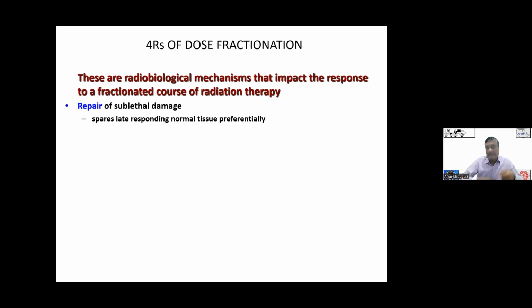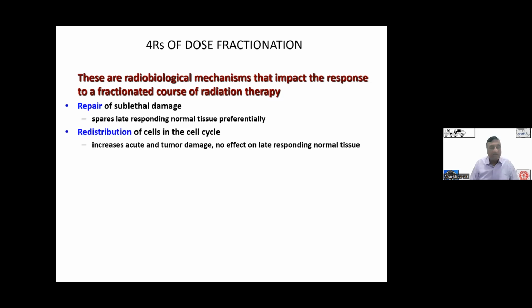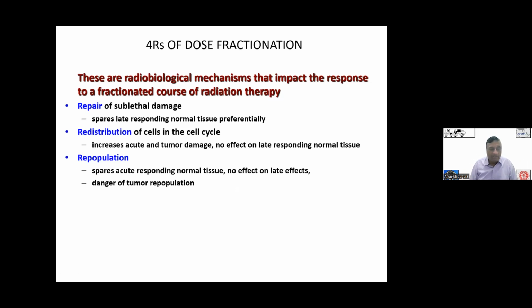So it preferably spares late responding normal tissue. Next, redistribution of the cells in the cell cycle, because the cell cycle is going on and the mitotic phase is the most sensitive. So one fraction, and after a gap of some hours, another fraction, and acute damage will take place because of the redistribution in the cell cycle.